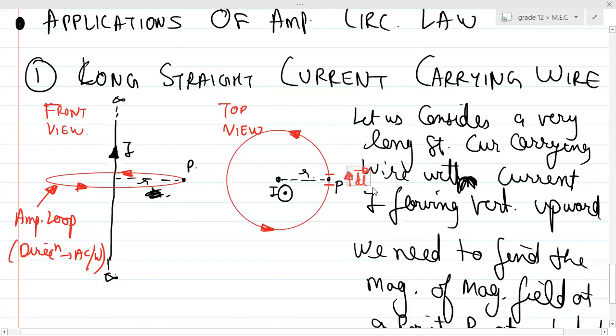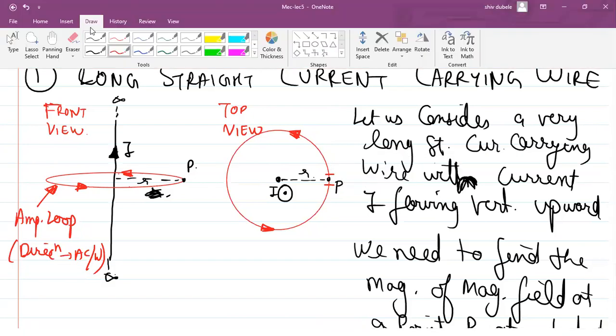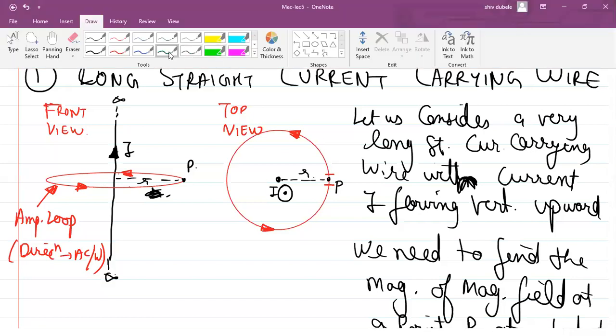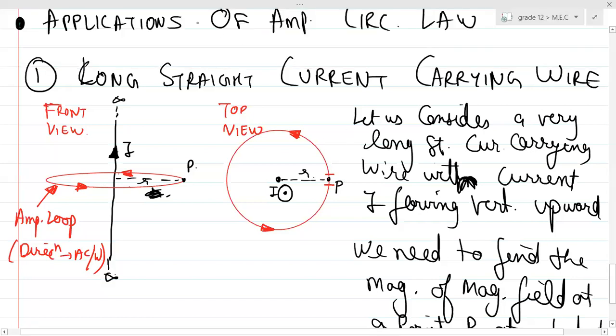Let me color the dl vector with some other color. The dl vector was like this only.